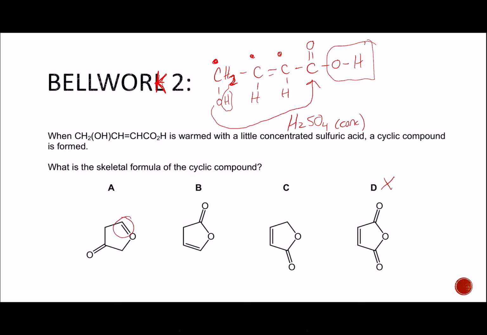The single bond isn't on the oxygen. The single bond is after the second carbon from the oxygen. This one has it after the first carbon, so that's no. This one has the double bond after the second carbon, so the answer is C here.